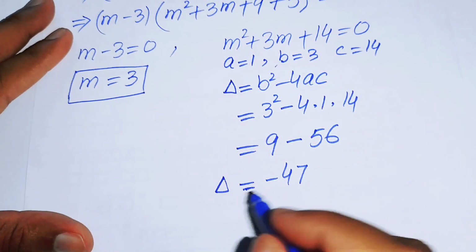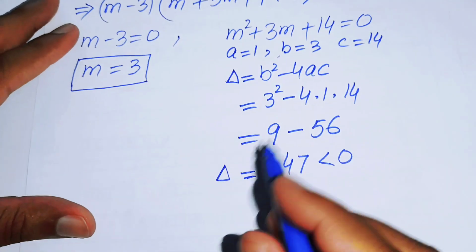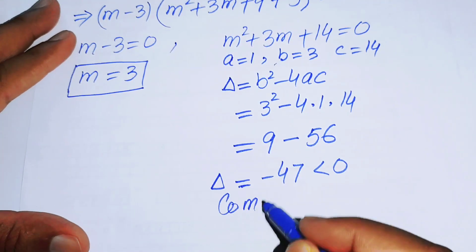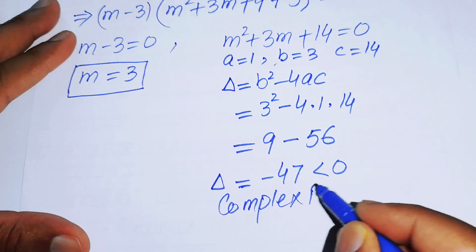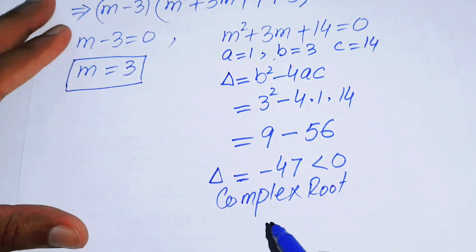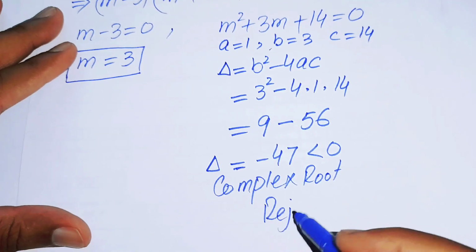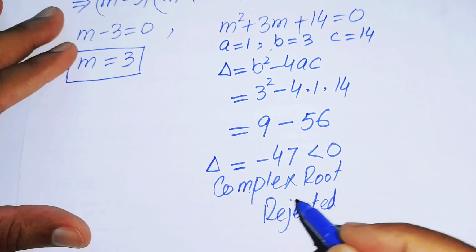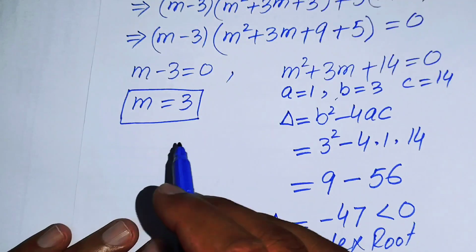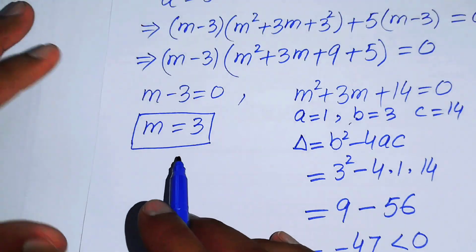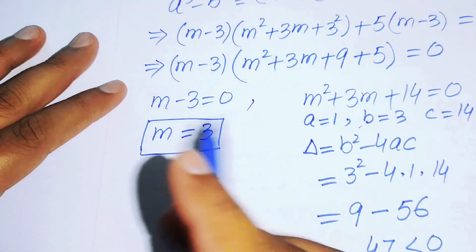So here you can see that our delta is less than 0, so we can say that this quadratic equation has complex roots. But in this question we find only real roots, so we will reject these roots, and we can just proceed with this case only. And here you have m is equal to 3 be the only root of the given equation.